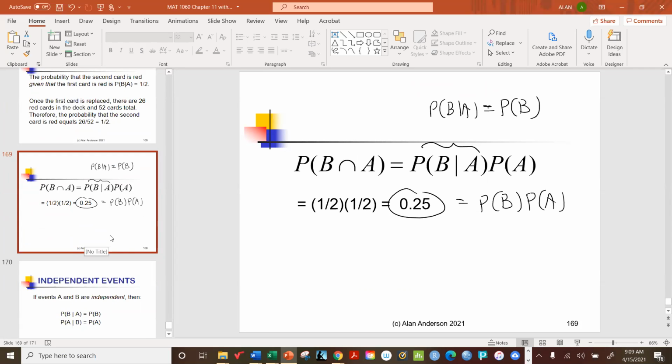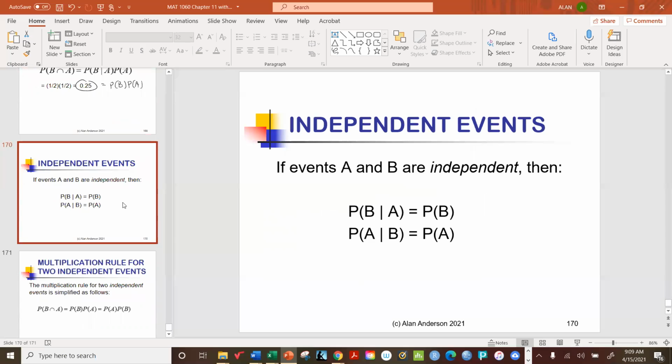Okay, now we know the example of John and the weather is fine, but we need something a little bit more rigorous than that. So if A and B are independent, as they are with drawing with replacement, then the following two things must be true. Both of these must be true.